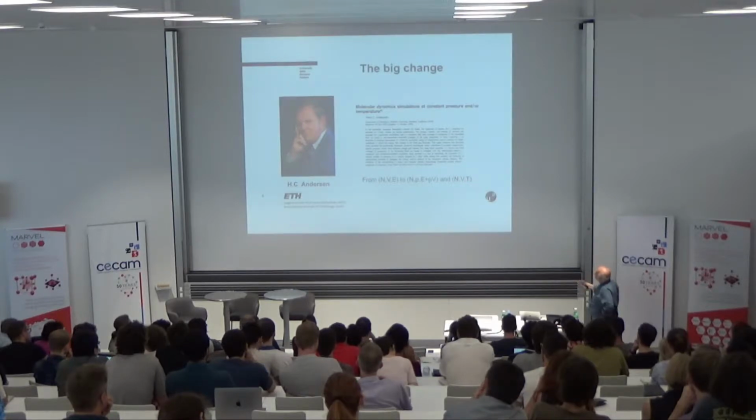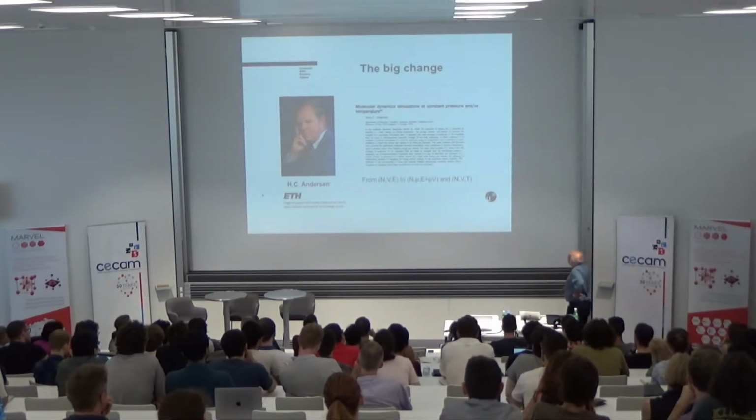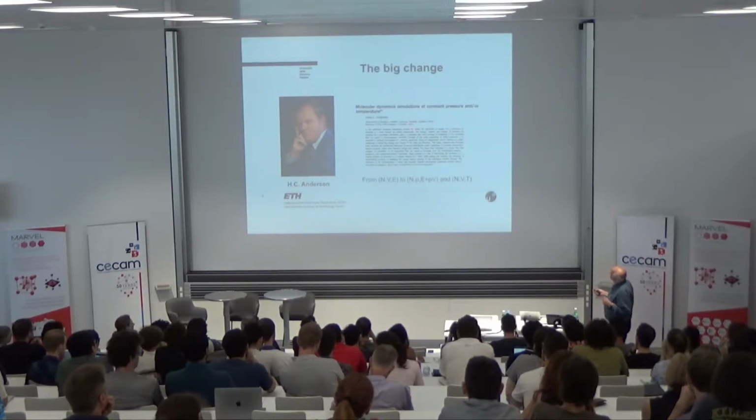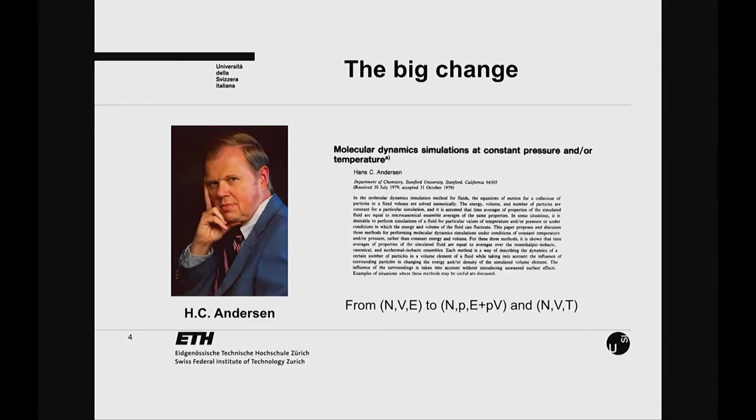Also, the temperature is kept constant. This would be the canonical sampling. This paper appeared, I think, in 1980. It was accepted at the end of 1979, and was in print in 1980.